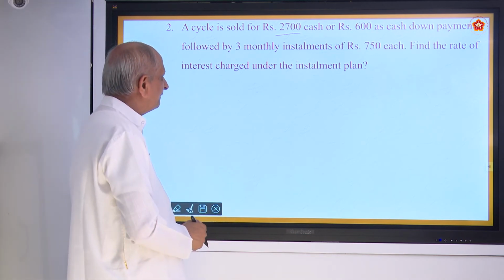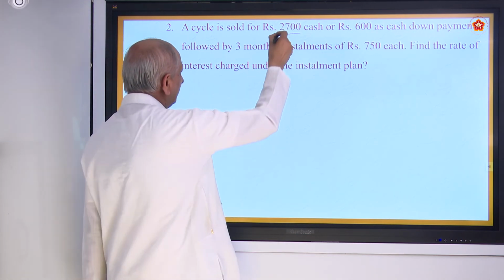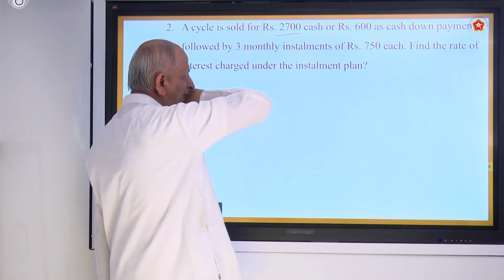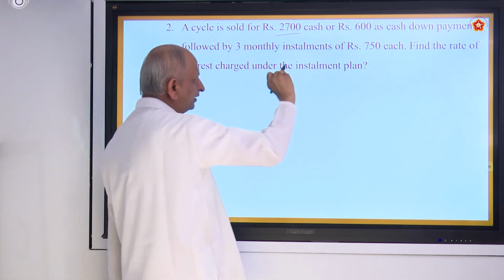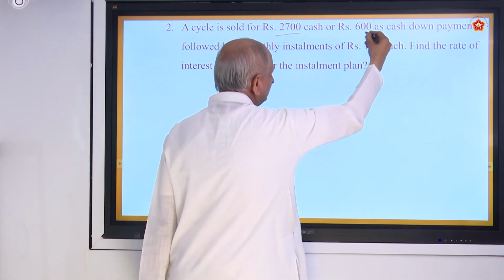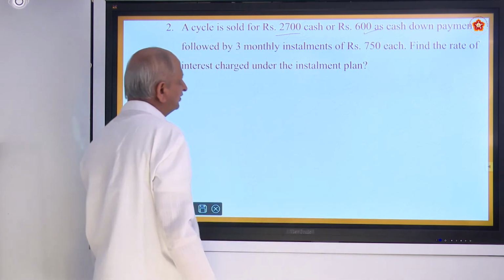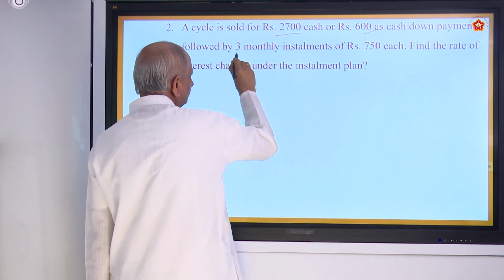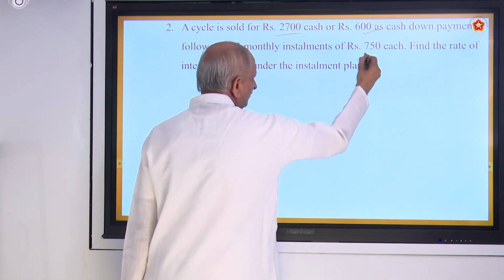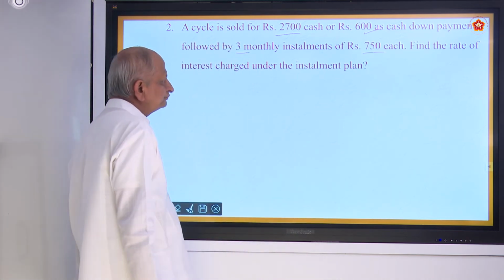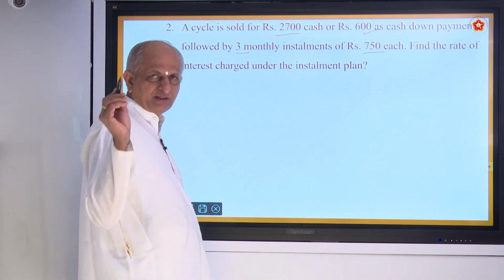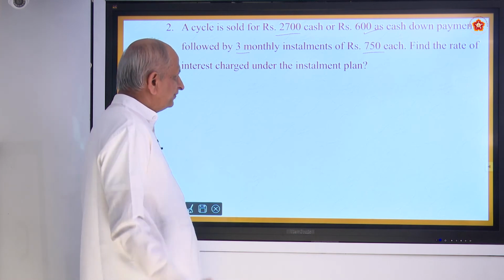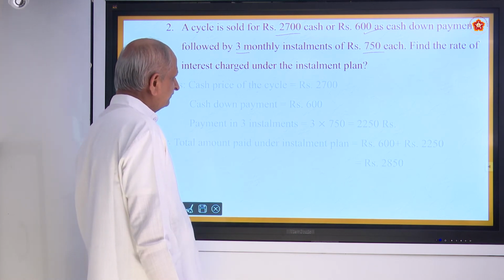So here a person can buy a cycle for rupees 2,700, or if he is not able to give so much, 600 rupees as cash down payment, meaning immediately, and the remaining in 3 monthly installments of 750 each. They are asking what is the rate of interest.